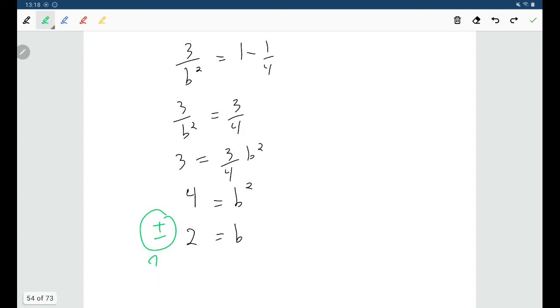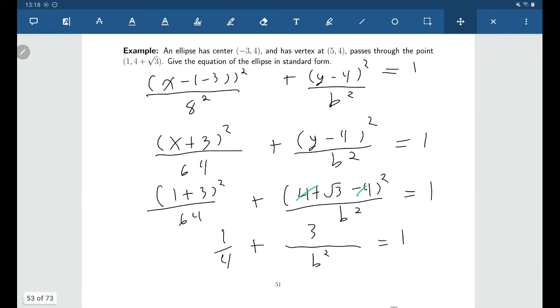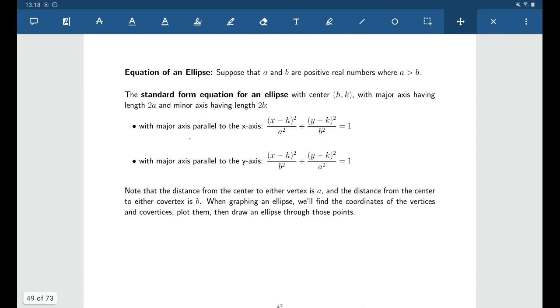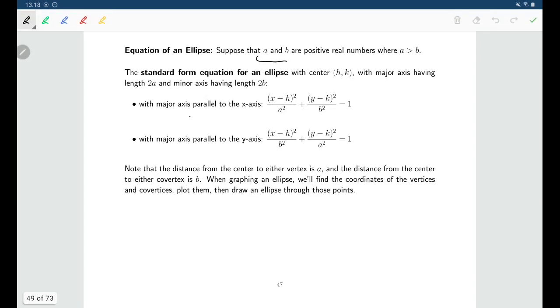Also, the bigger reason why b is just 2 comes back from the original definition that we gave for the equation of an ellipse. We said that a and b, the two values we were finding, were positive real numbers. That's why I didn't say that b was plus or minus the square root of 4, why b was just equal to 2.